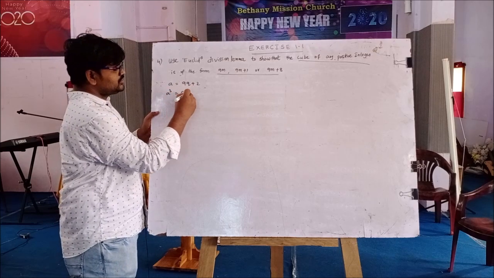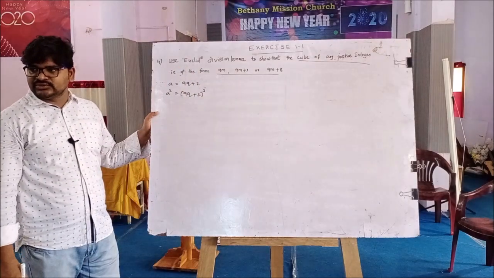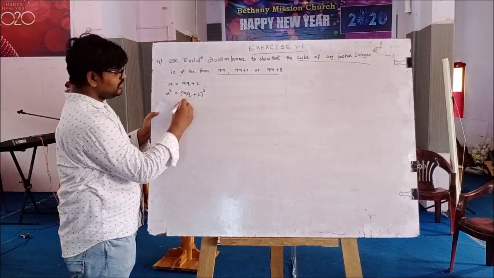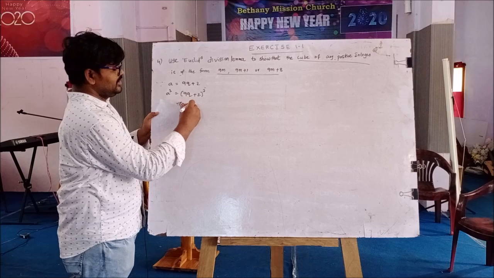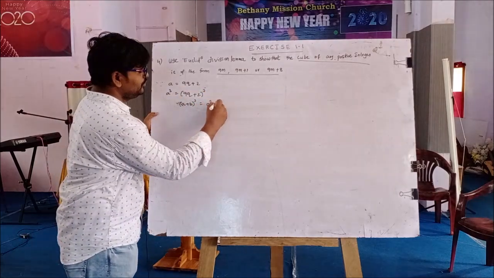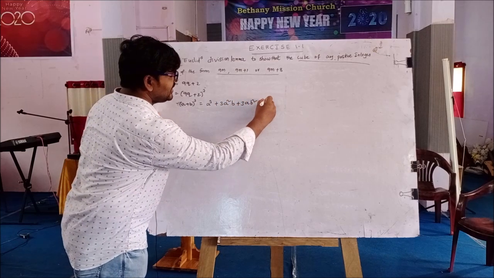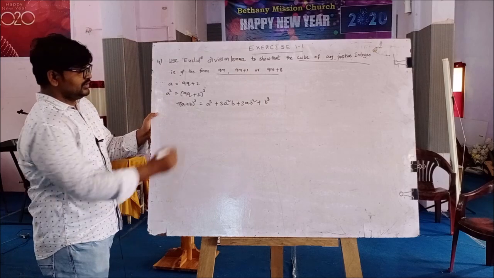Therefore, a cube equals (9q plus 2) whole cube. This is (a plus b) whole cube. The formula is a cube plus 3a square b plus 3ab square plus b cube.